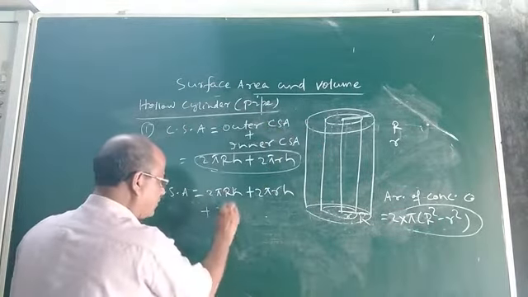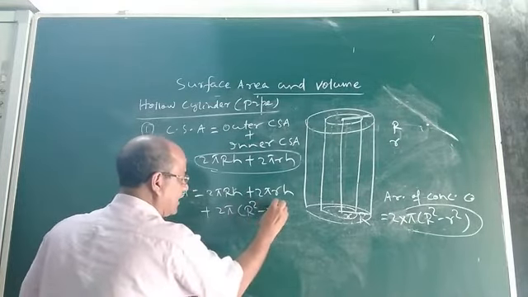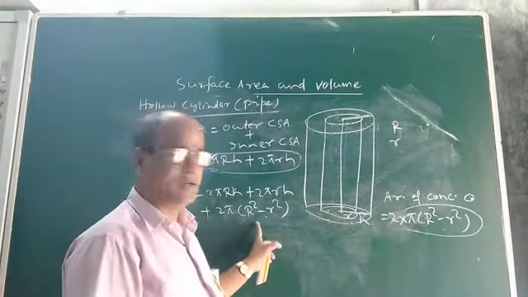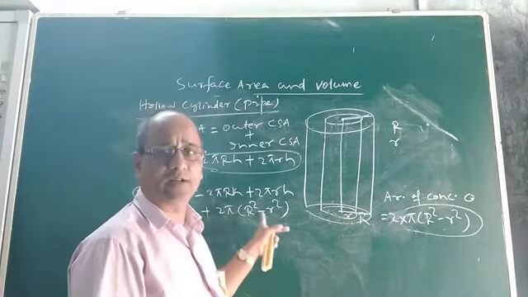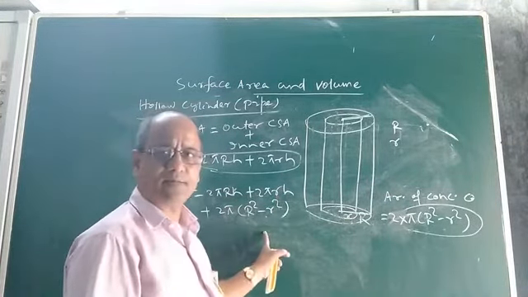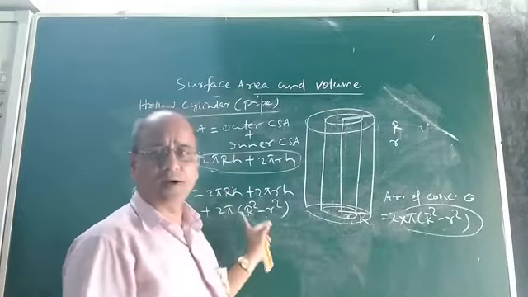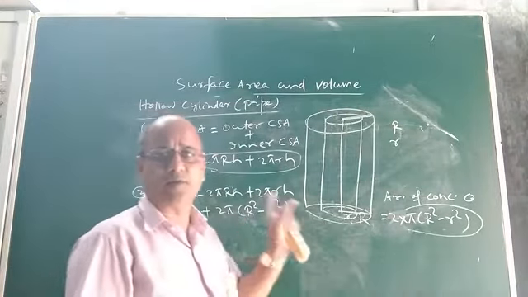So you add that 2 pi into capital R square minus small r square. So this will be the formula to find the total surface area of a hollow cylinder, meaning the curved surface area plus the area of the two rims. Okay. So this is the formula to find the total surface area of a hollow cylinder or pipe.